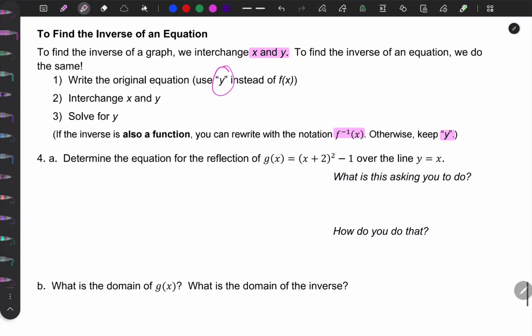So for this first example, we want to determine the equation for the reflection of g of x over the line y equals x. Now our first question is, what is this actually asking us to do? We're trying to find the equation of the inverse.